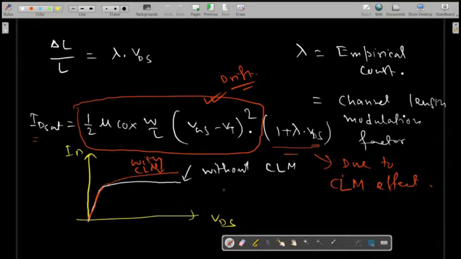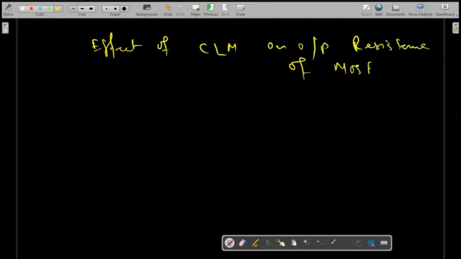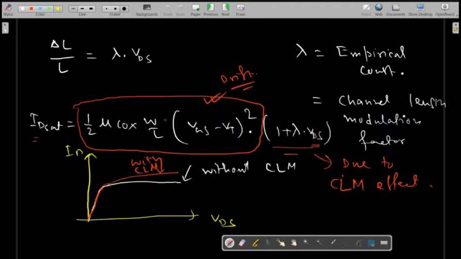If I ask you what is the effect of channel length modulation on output resistance of MOSFET? So R0 means basically del ID by del VDS, inverse. This is the value of R0. Now check this graph.